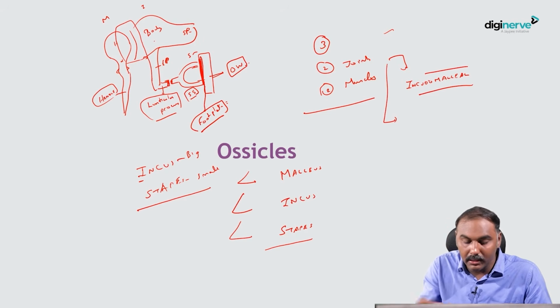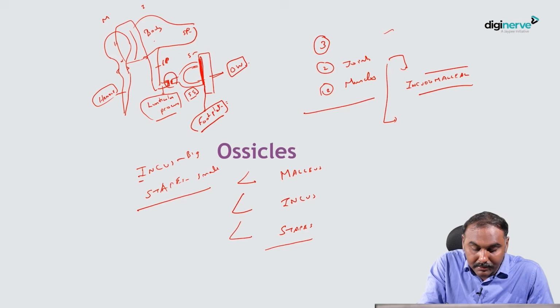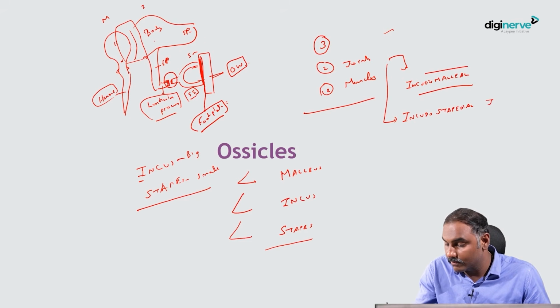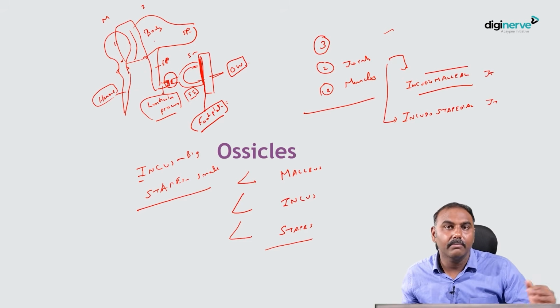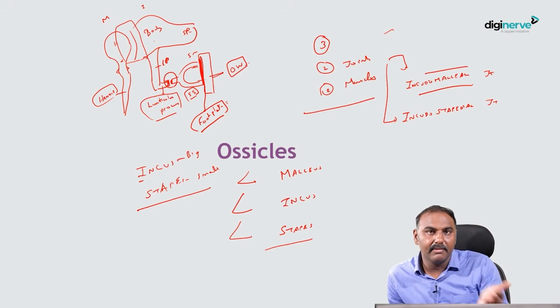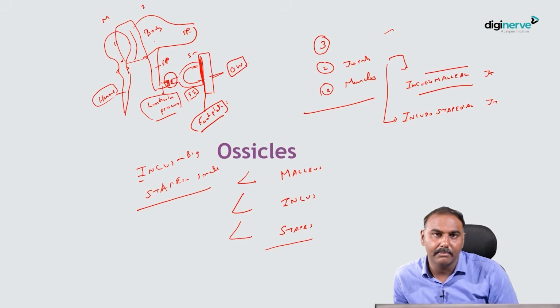And the second one, between the Incus and the Stapes, is called the incudo-stapedial joint. So we have 2 joints.